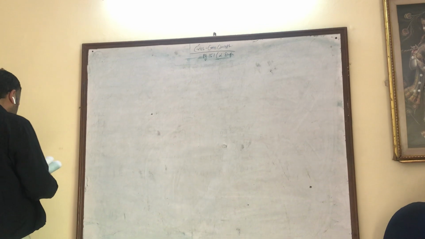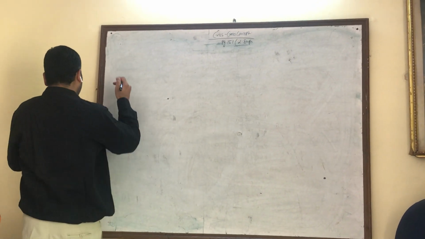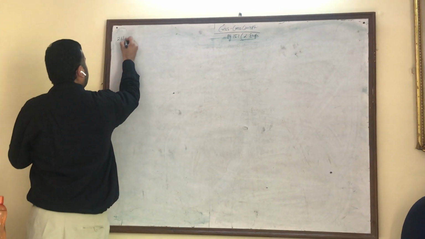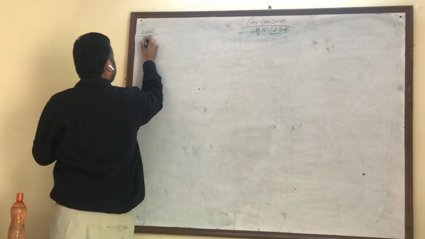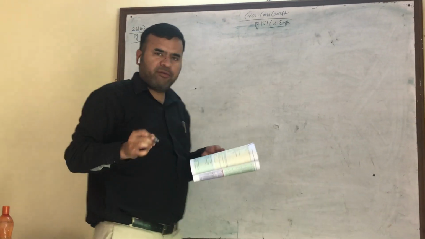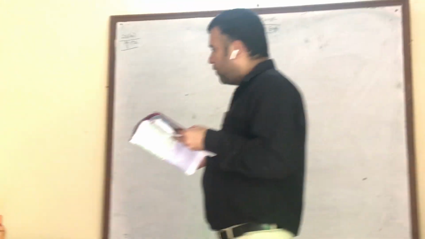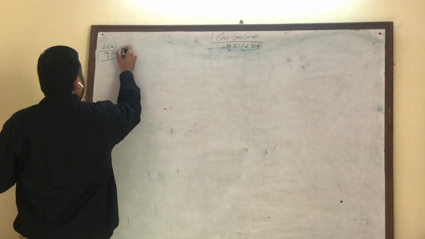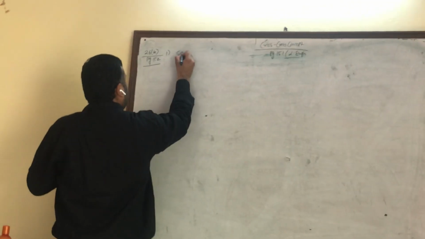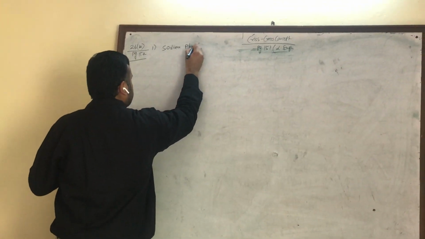Now we will discuss some more questions, such as 26th question B part, Lakhmir Singh, page number 152. Different valencies are given to you of sodium ion, ammonium, calcium, lead, and you have to make formulas. So first part of this is sodium phosphate. Let me write down first of all the parts.